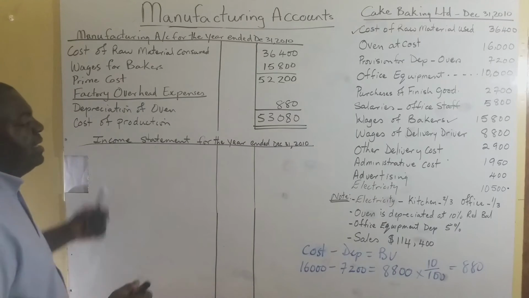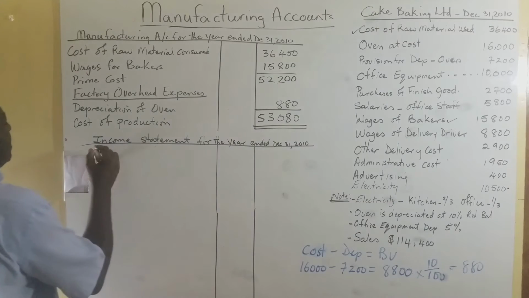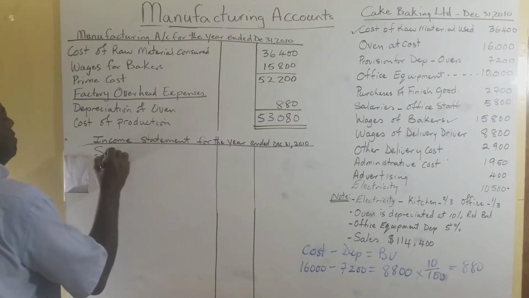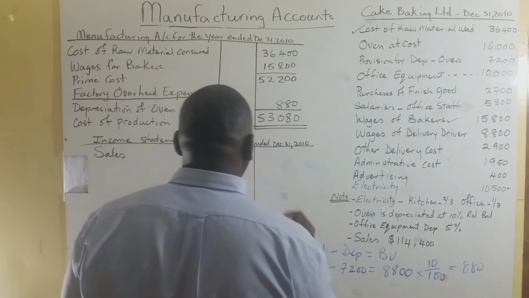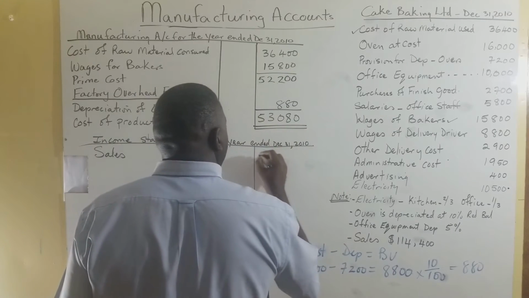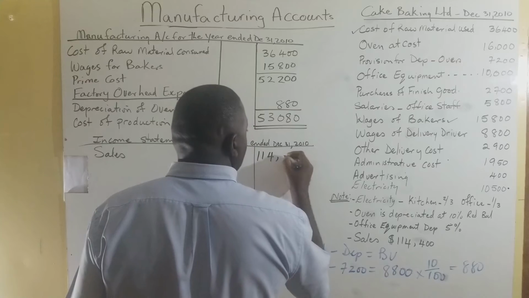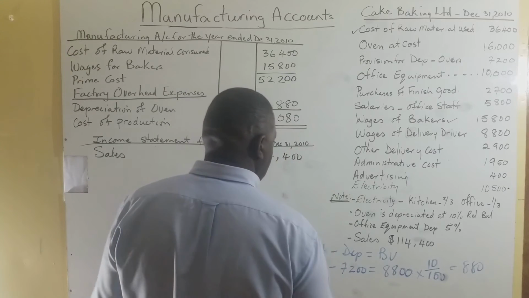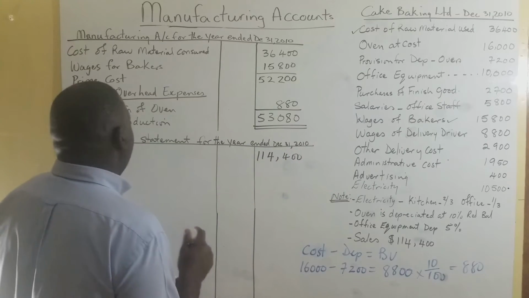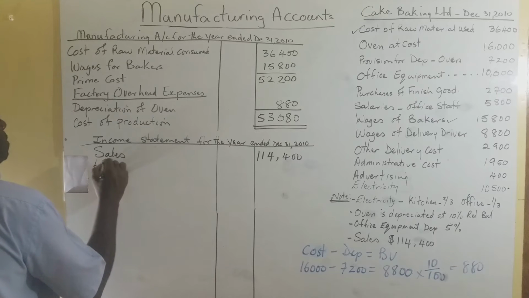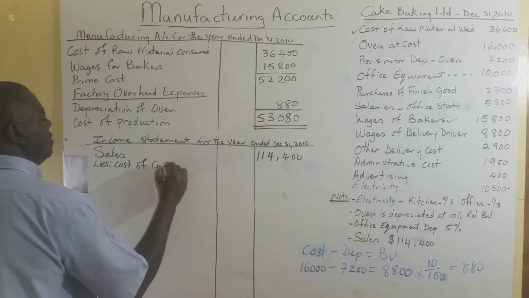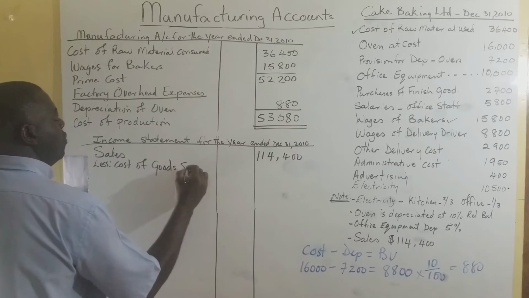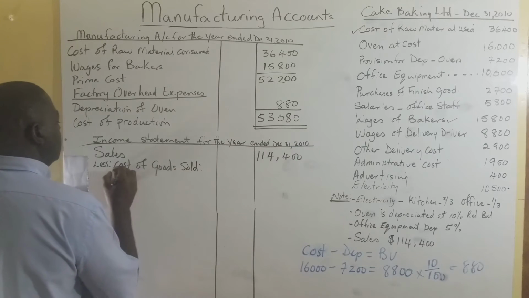As per usual, in the income statement, we start with our sales figure. And our sales figure is given as 140,400. All right. We're going to less now the cost of goods sold, colon.